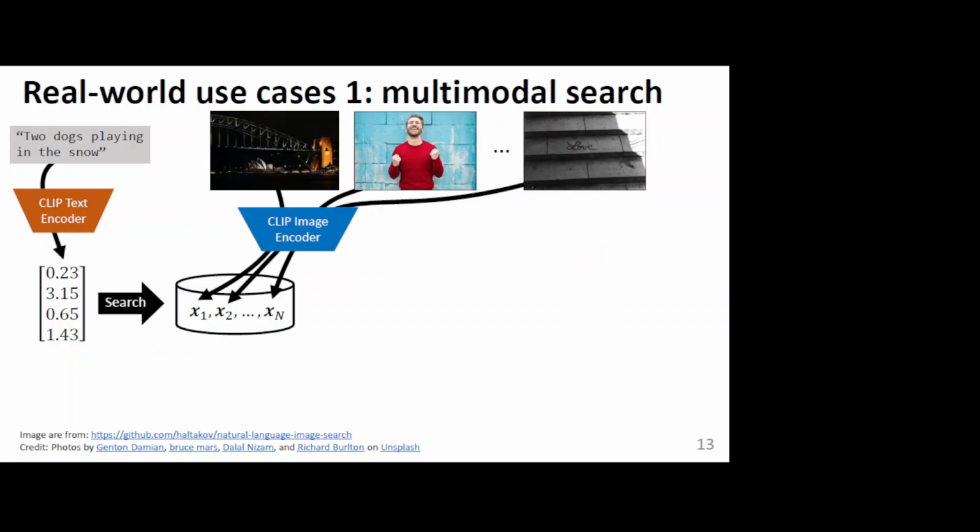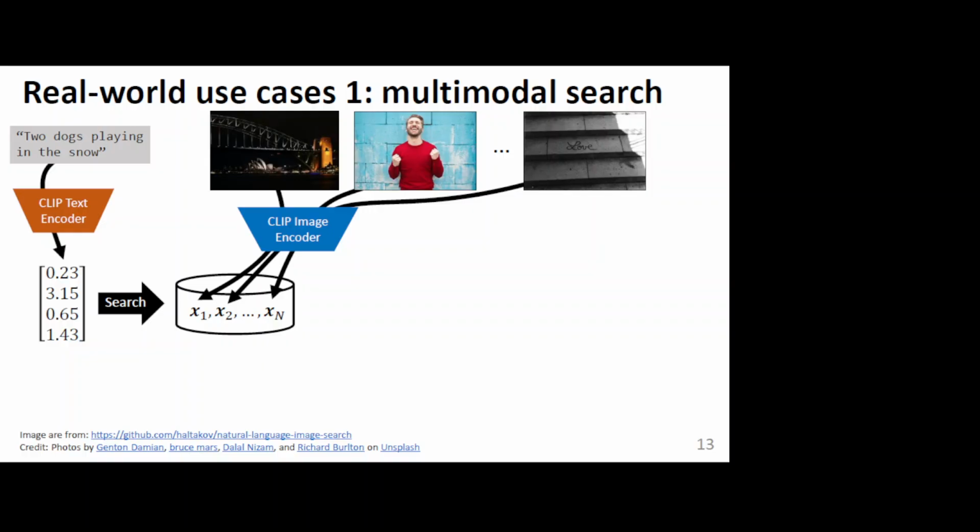Here we use the CLIP text encoder. The CLIP model has already aligned the text representation and the image representation, so we can use this pre-trained model, maybe with some fine-tuning, to transform the text into a vector with the same dimensions.